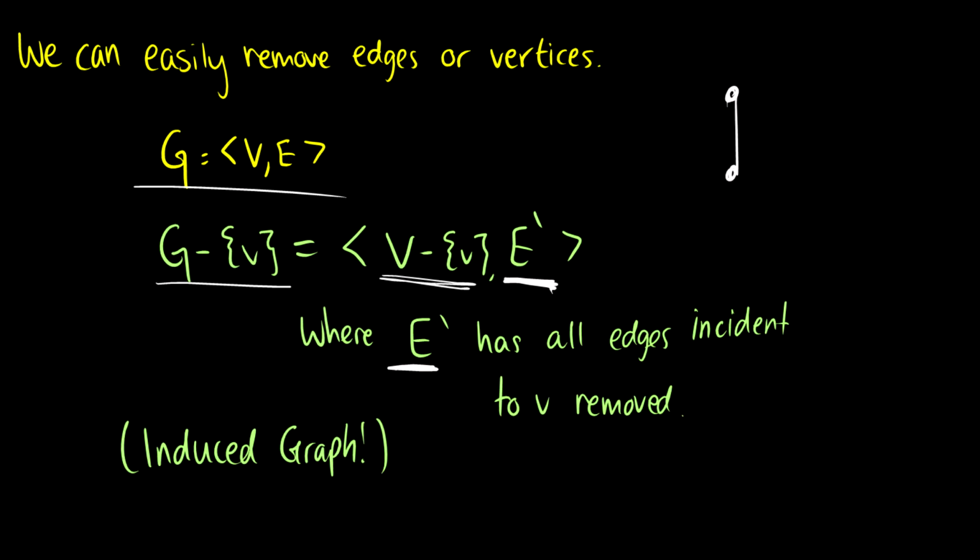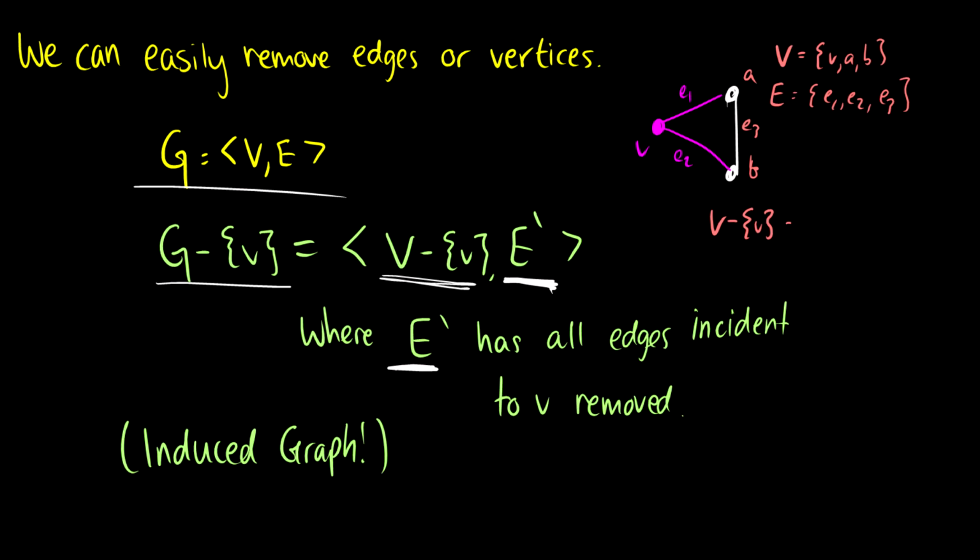So for instance, if we have a graph here, and this right here is our v, we have an edge, we'll call this E1, E2. And we'll call these A and B. V has the vertices v, A, and B, and E has the edges E1, E2, and we'll call this E3.